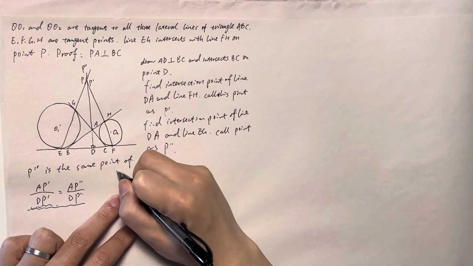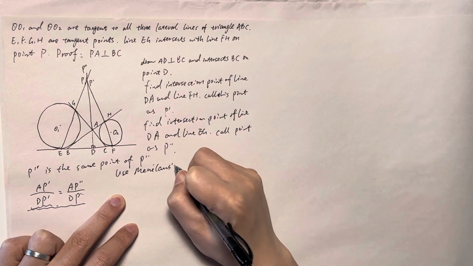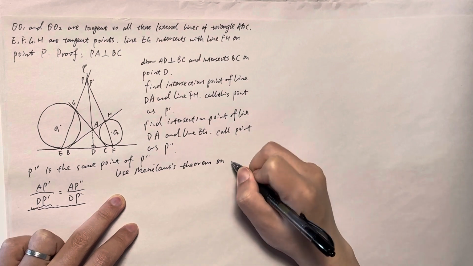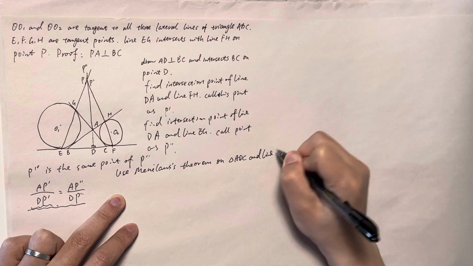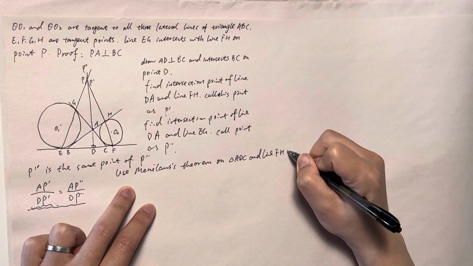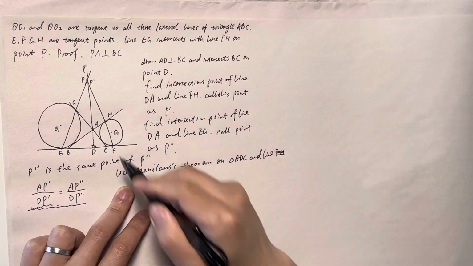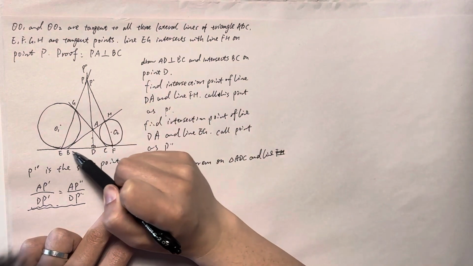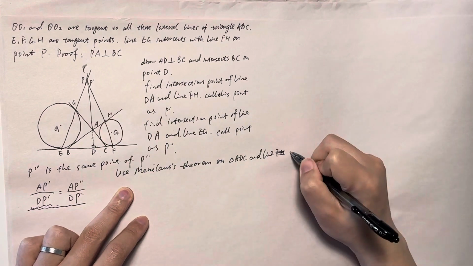So let's use Menelaus theorem on triangle ADC and line FH. Oh no, this triangle, and on the line EG, P prime, P double prime.